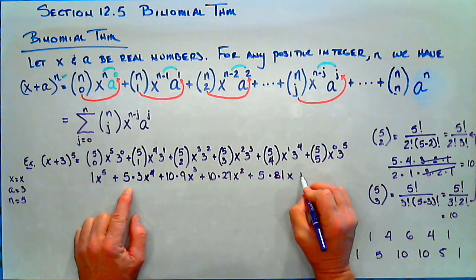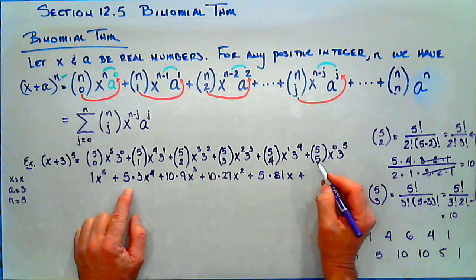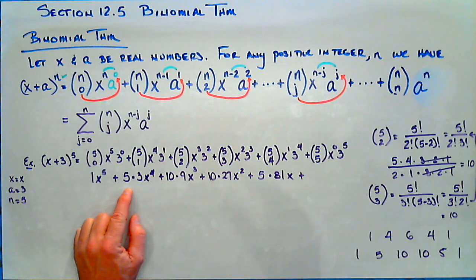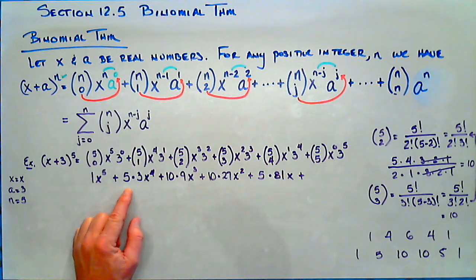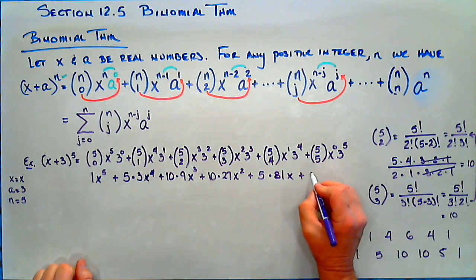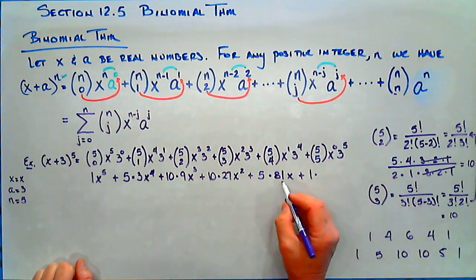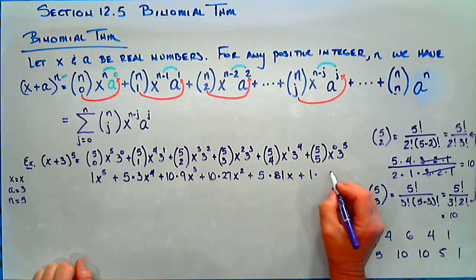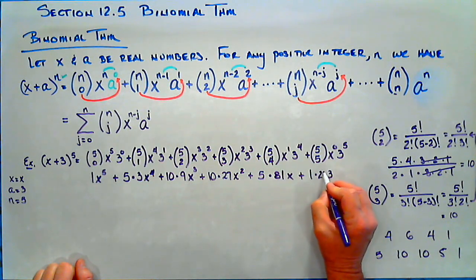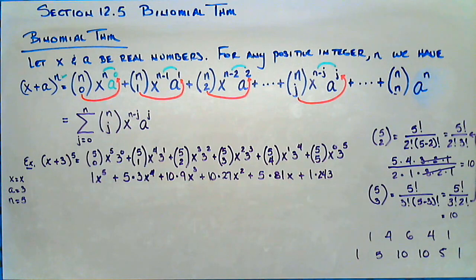X plus 5 choose 5. We did that. How many ways can we put 5 objects in a bag and pull 5 objects out? 1. So that's going to be 1 times 3 to the 5th. Now 3 to the 5th is 3 times 81. That's 243.